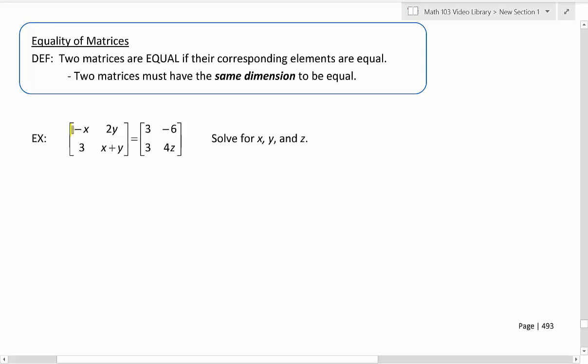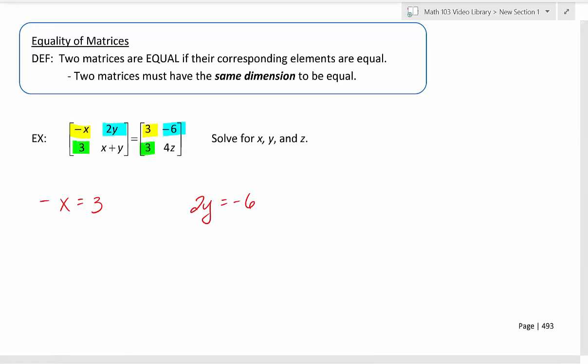So we are going to set corresponding elements equal to each other. We have negative x is equal to 3. 2y equals negative 6. 3 equals 3. And x plus y equals 4z.